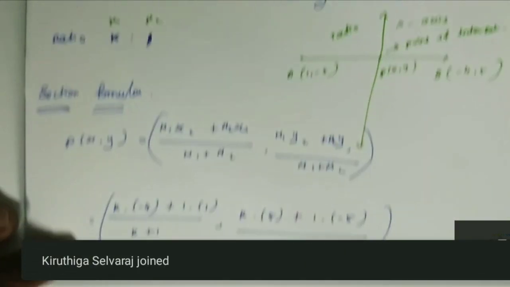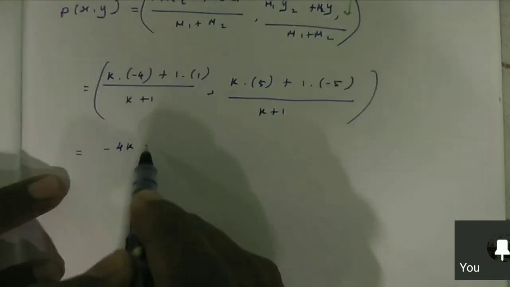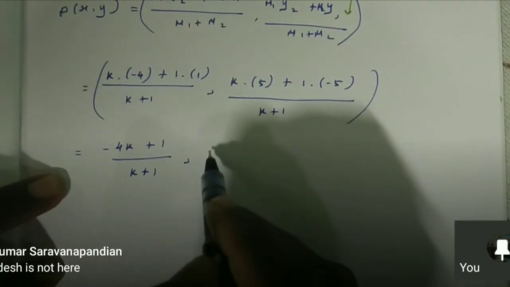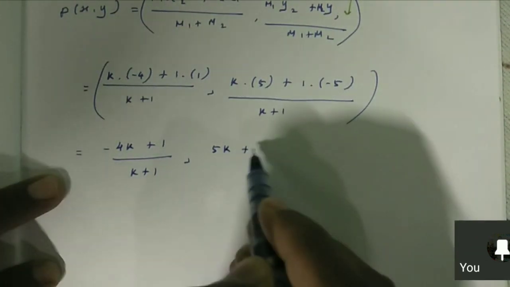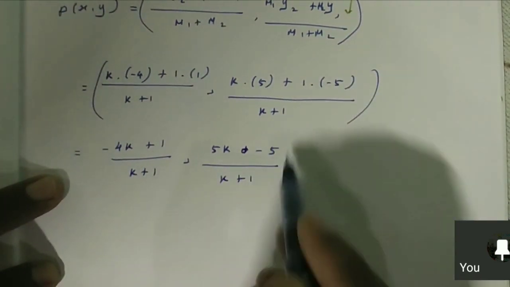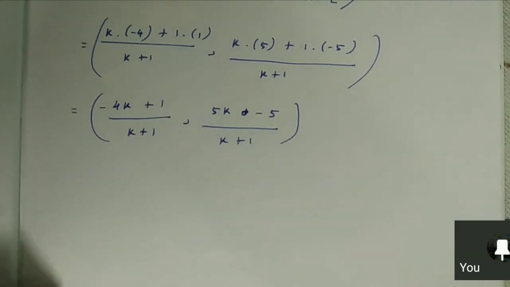So we get (-4k + 1) divided by (k + 1), comma, (5k - 5) divided by (k + 1).